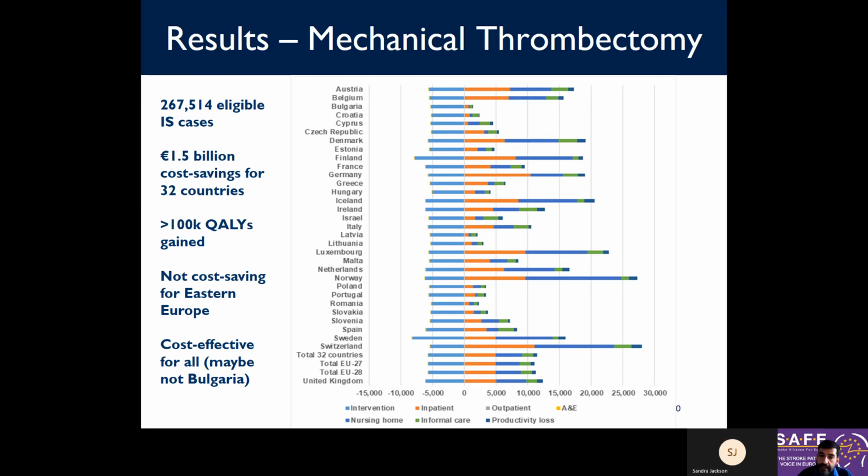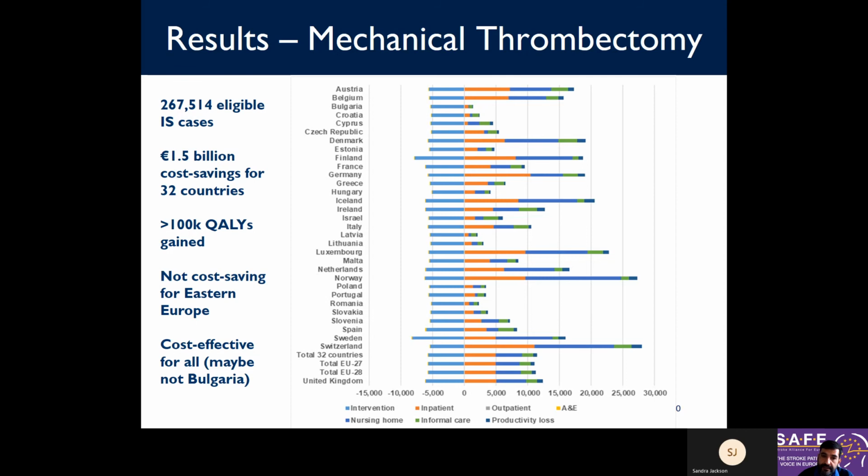So the savings we're generating due to reduced disability, i.e. fewer people spending time in hospital, fewer people spending time in nursing care, and less need for informal care, would be outweighed by the significant cost of the intervention.